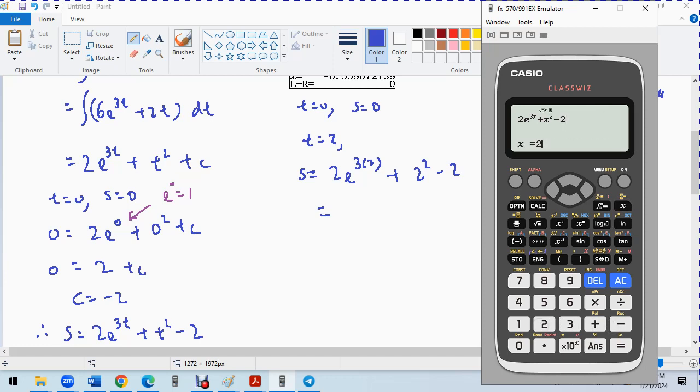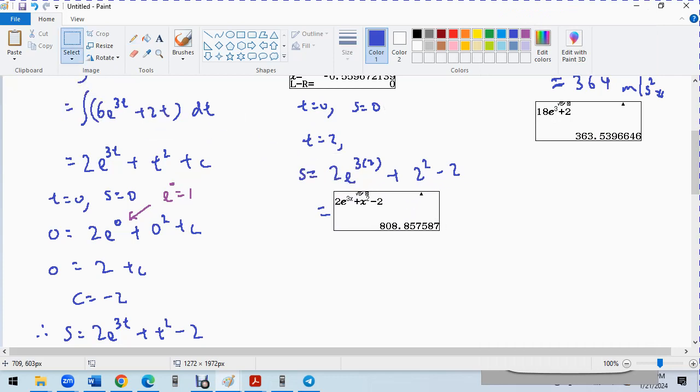Calculate when x equal to 2, then we have this. So the total distance travelled is equal to 809 meters.